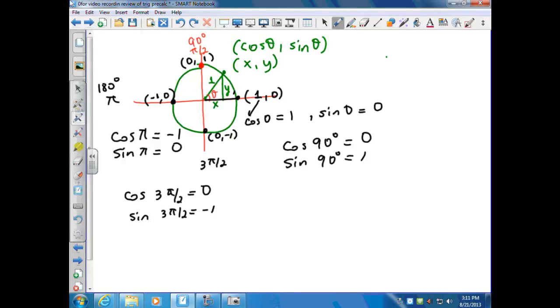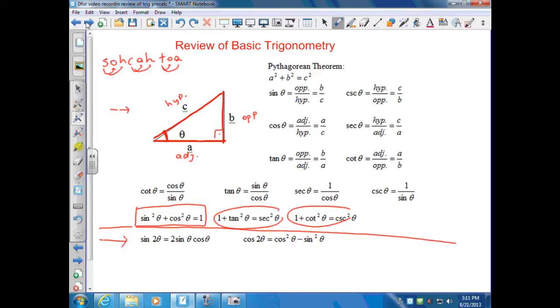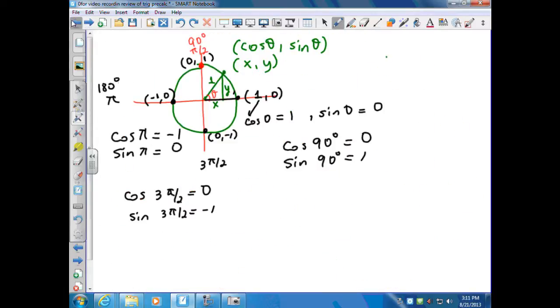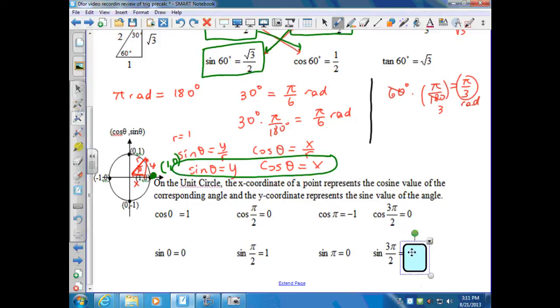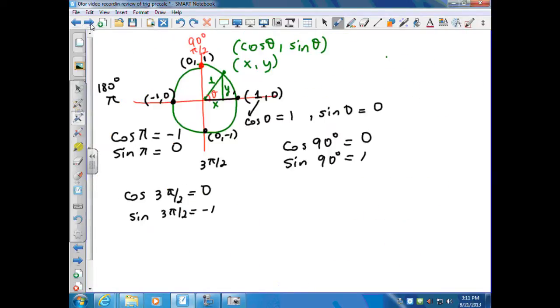So let's check those values. At 0, cosine is 1, sine is 0. At pi, cosine is -1, sine is 0. At 3 pi over 2, cosine is 0, and sine is -1. So those are other important values you should be familiar with, and you should definitely know those.